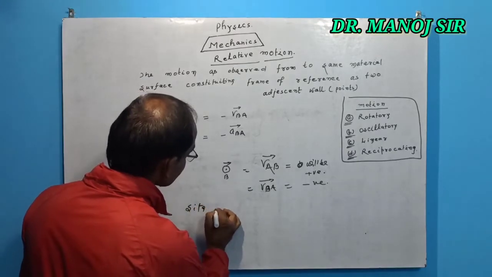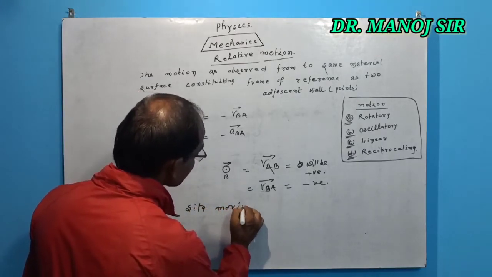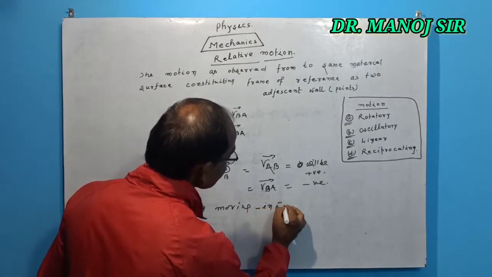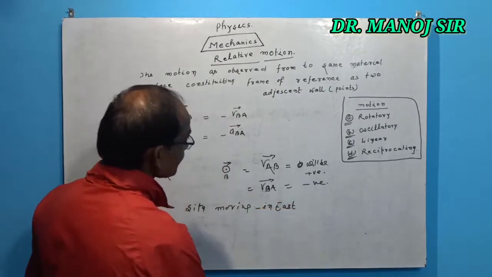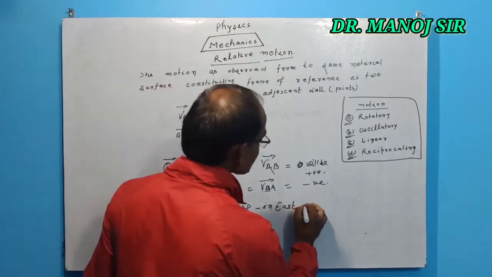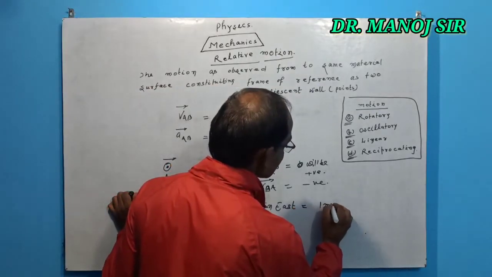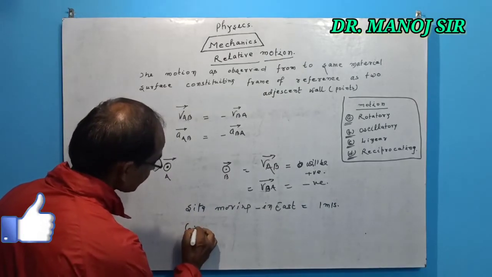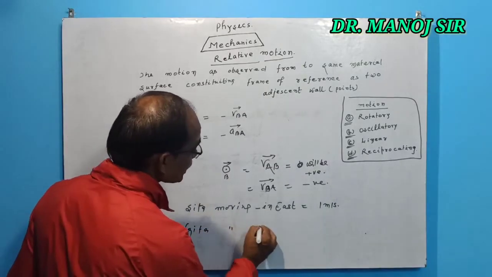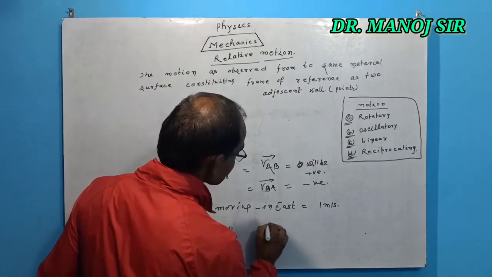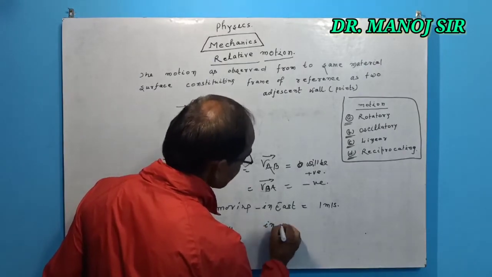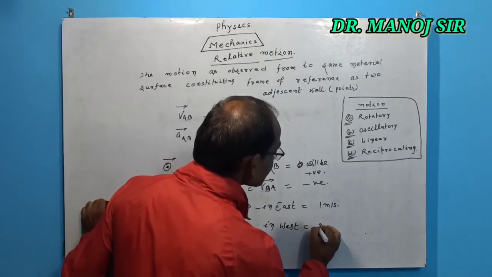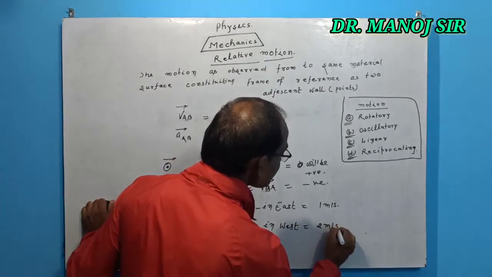Sita is moving in the east with a velocity of 1 meter per second. Geeta is moving in the opposite direction, west, at 2 meters per second.